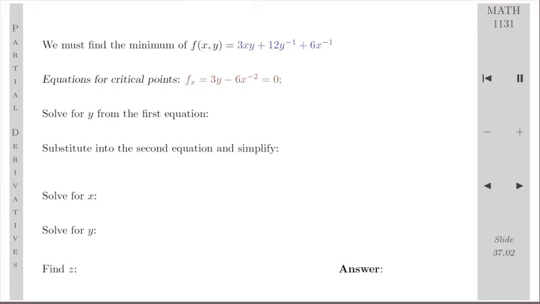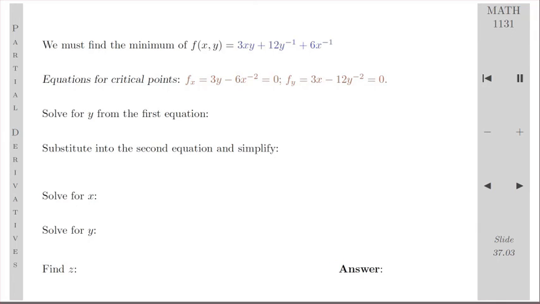The partial derivative with respect to y is 3 times x times 1, or 3x, plus 12 times negative 1 y to the negative 2, or negative 12y to the negative 2. In the third term, there is no y, so the partial derivative with respect to y is 0. Our second equation is 3x minus 12y to the negative 2 equals 0.